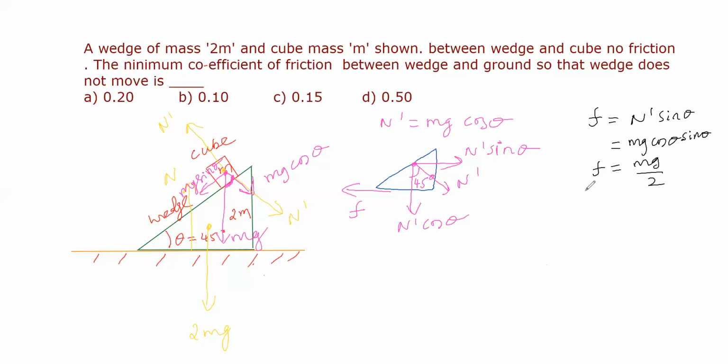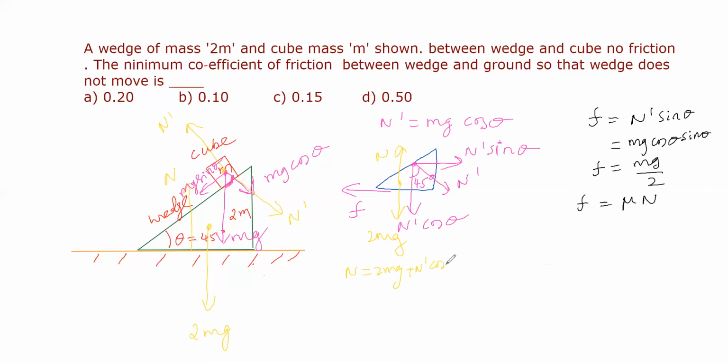We already know the friction formula: friction is equal to mu into N. That means we need to find N. On this wedge, N is acting upward and 2mg is acting downward. For vertical equilibrium of the wedge, N is equal to 2mg plus N dash cos theta.